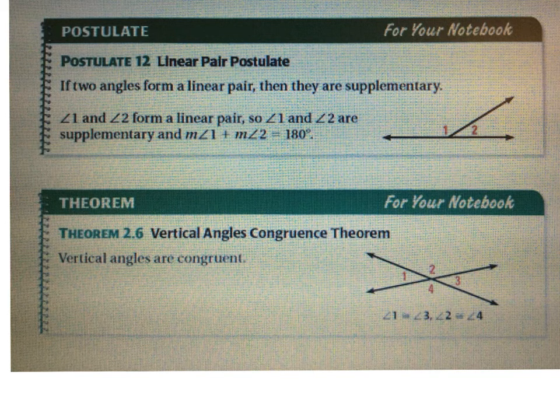So you're going to see a lot of situations like the bottom illustration here, the one for theorem 2.6, where you have two intersecting lines and they form a couple sets of vertical pairs, angle 1 and angle 3, and angle 2 and angle 4. And then, of course, you have your linear pairs there too: angle 1 and angle 2, angle 1 and angle 4, angle 2 and angle 3, angle 3 and angle 4. I think I got all of them there.